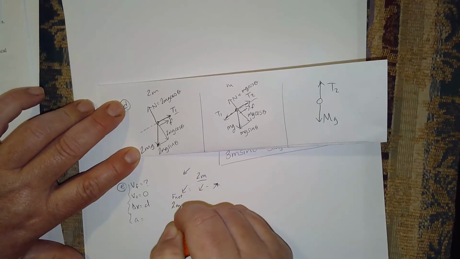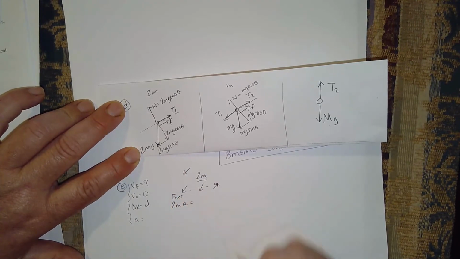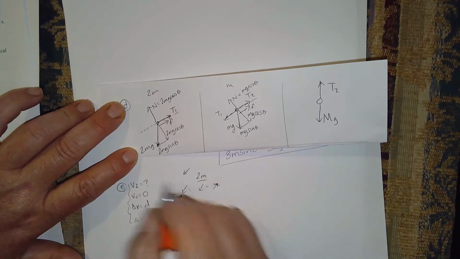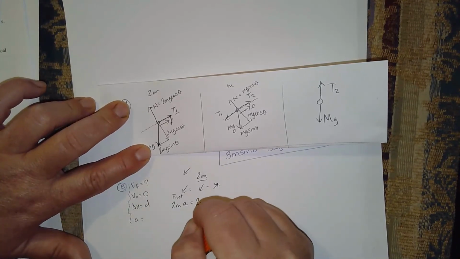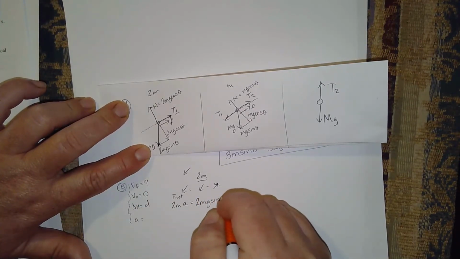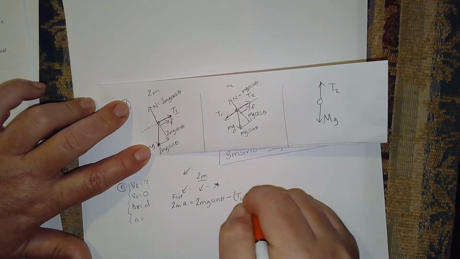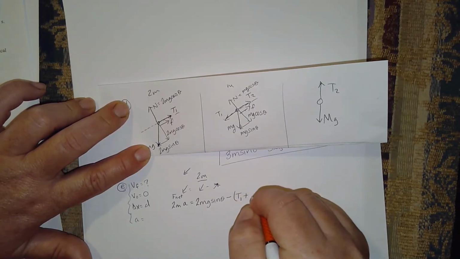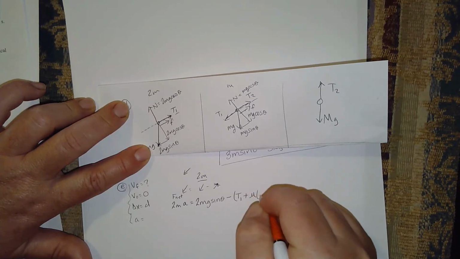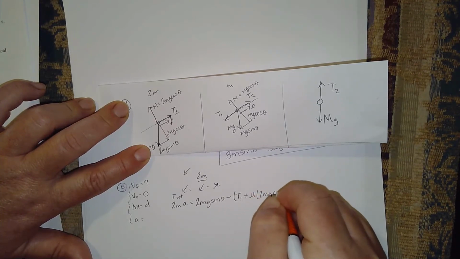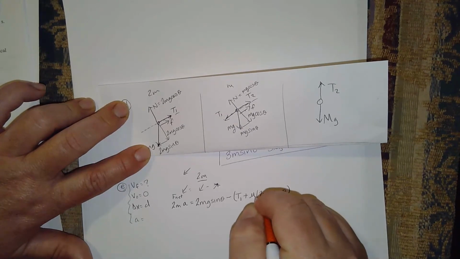So F net, which is ma. So 2ma is going to equal the things that are pulling him down the hill, which is 2mg sine theta, minus the things that are pulling him up the hill, which will be T1 and friction, which is mu k times 2mg cosine theta.